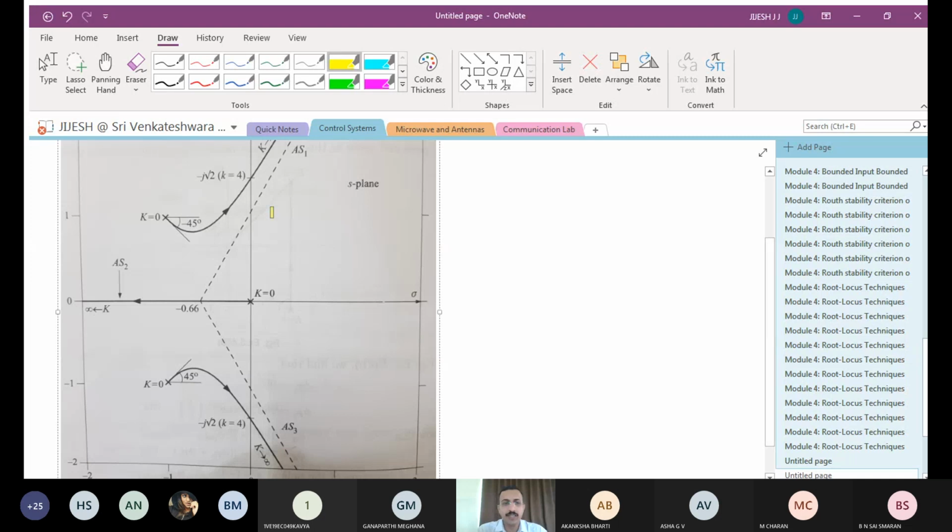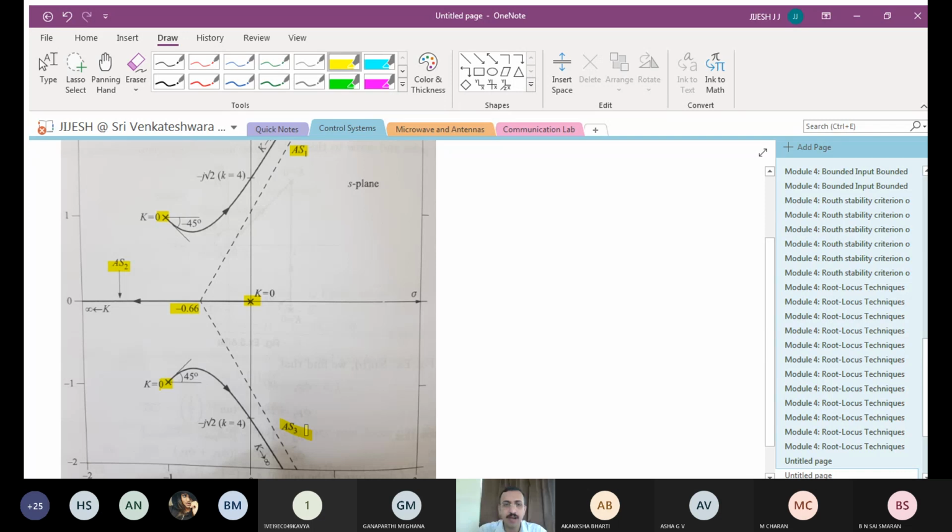So what you can see here, I have to plot the poles. See, I have plotted the poles. These are my poles. I have obtained the centroid value, that is minus 0.66. I have drawn the asymptotes, AS1, AS2 as well as AS3, at different angles.